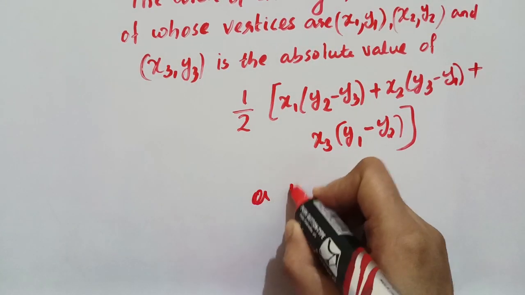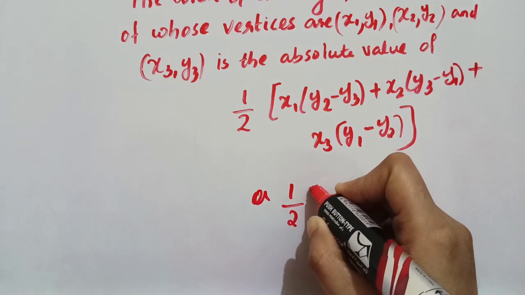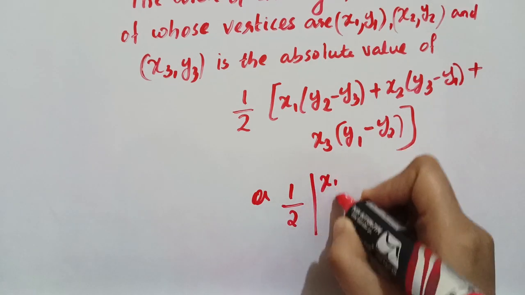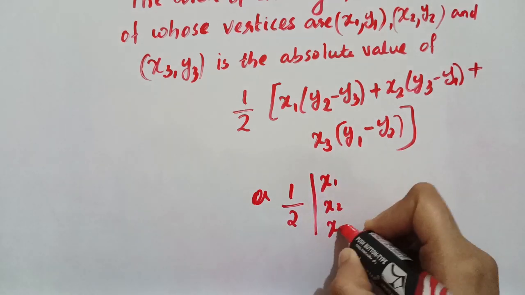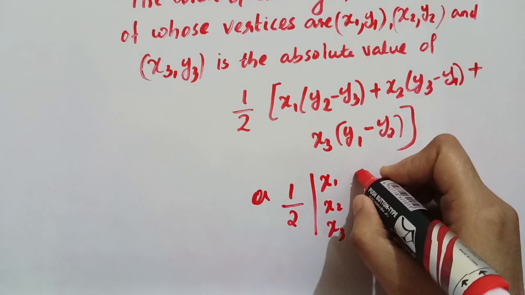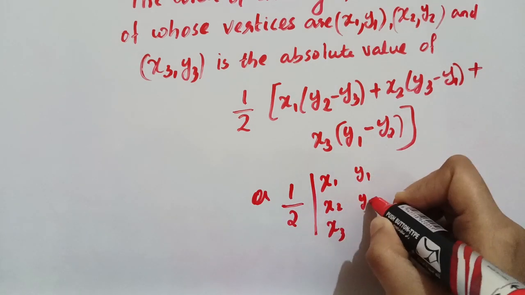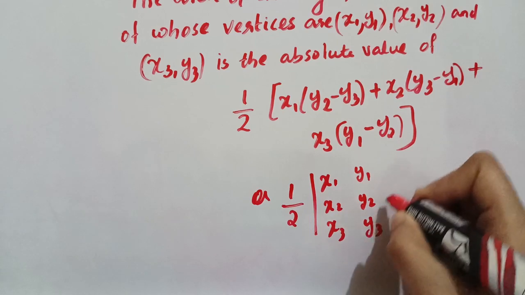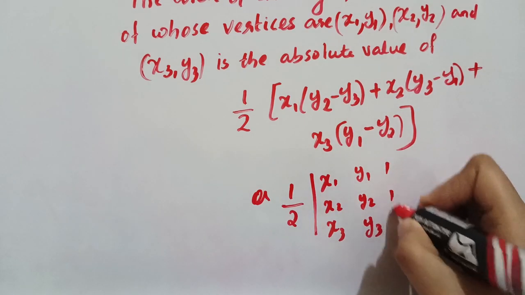Or we can write half into the determinant with rows x1, y1, 1; x2, y2, 1; x3, y3, 1.